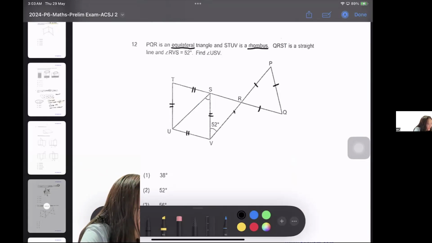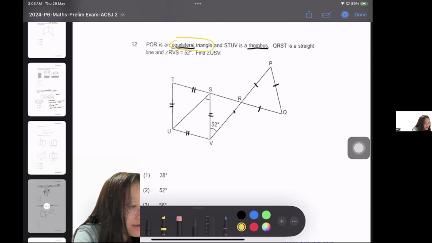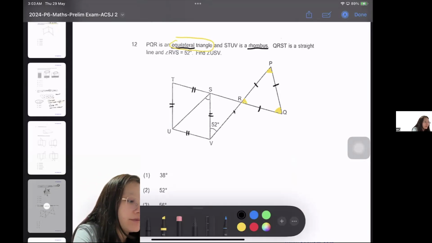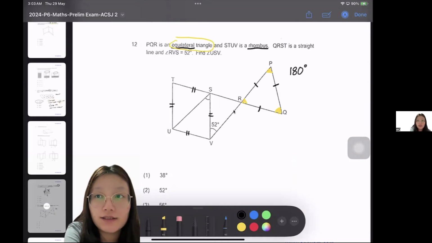Okay, anyways, let's get into the angles. Firstly, for the equilateral triangle, if you are not given any angles here, you can actually still find the angle. How do you do that? All angles in the equilateral triangle, you see the yellow angles, they are all the same because all sides are the same. So the property of the equilateral triangle is that all angles are the same. If you remember your property of angles, all angles in a triangle add up to 180 degrees.